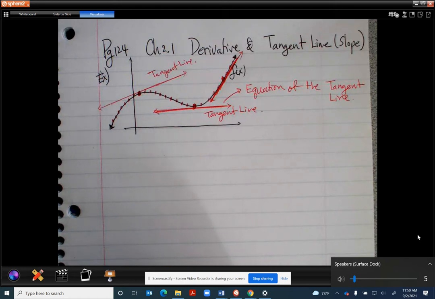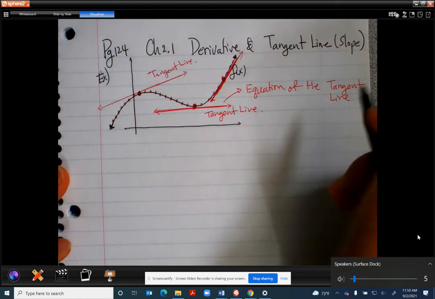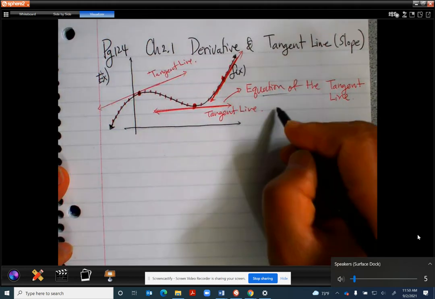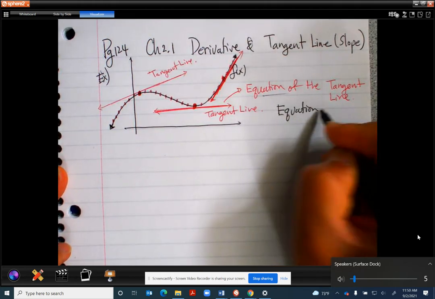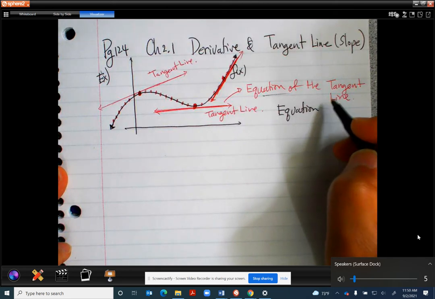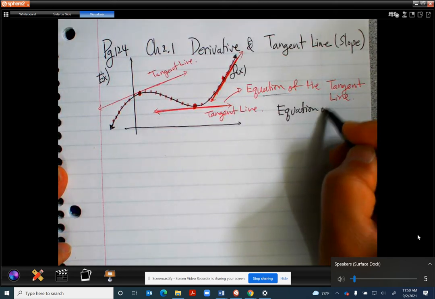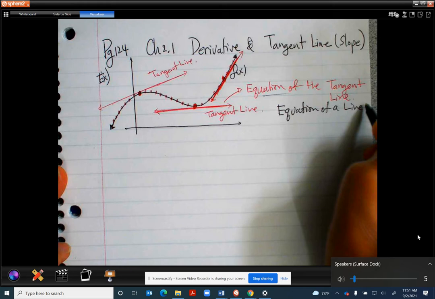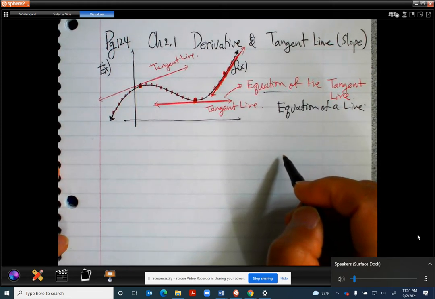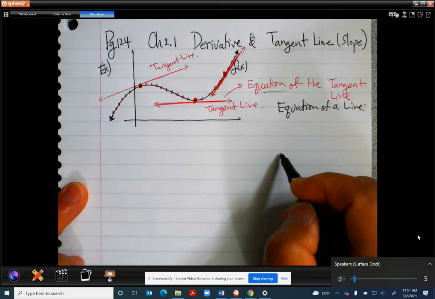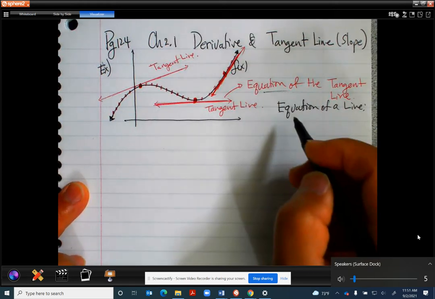All right, now, how do you find the equation of a line? Do you guys remember? Again, this is a review from integrated 1 and 2, or maybe 3, equation of a line. What do we need to have for equation of a line? Anybody?